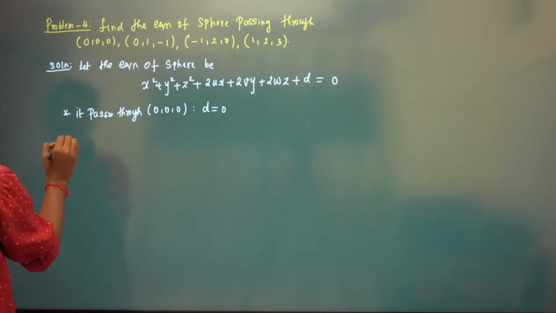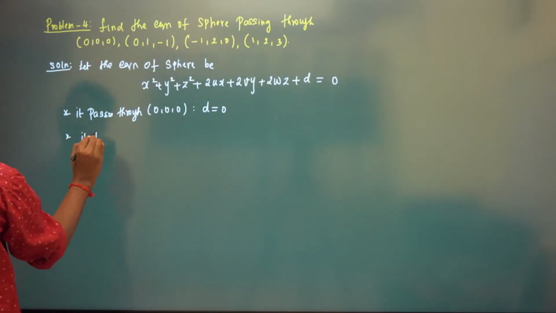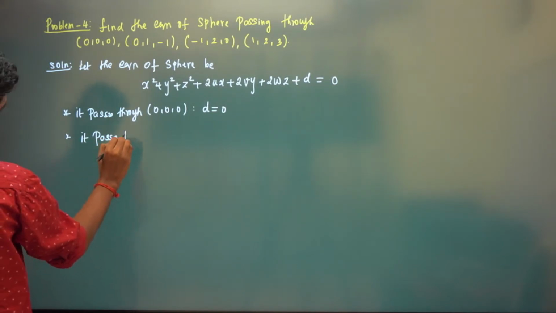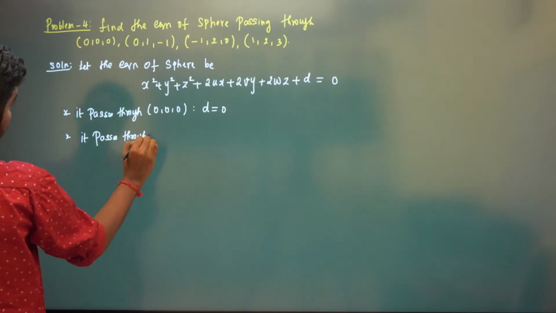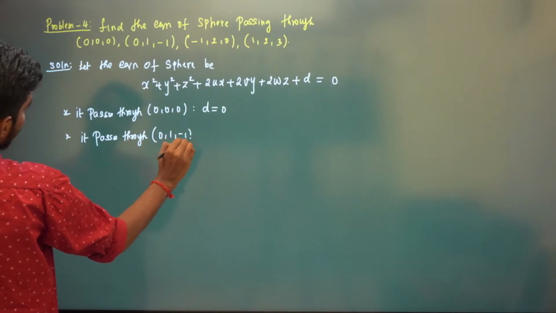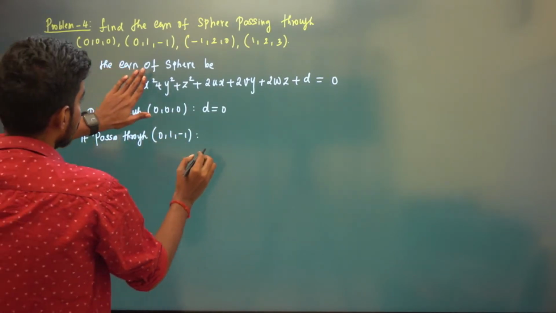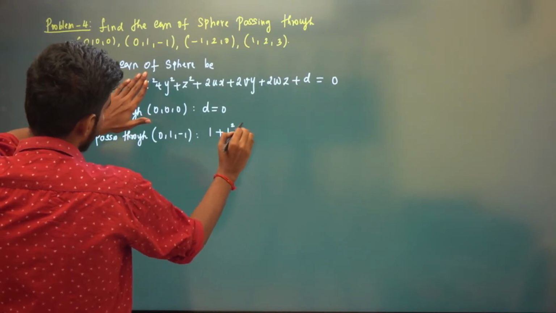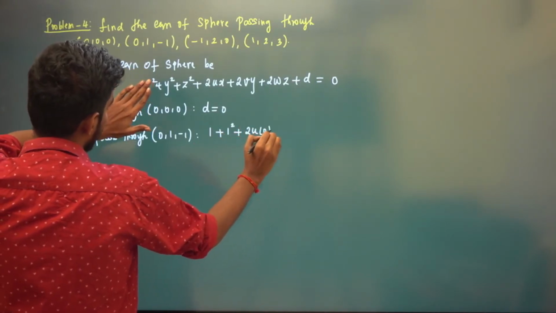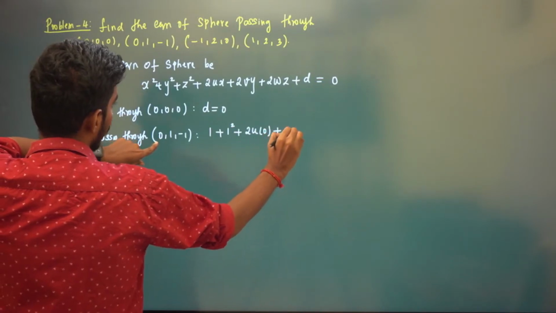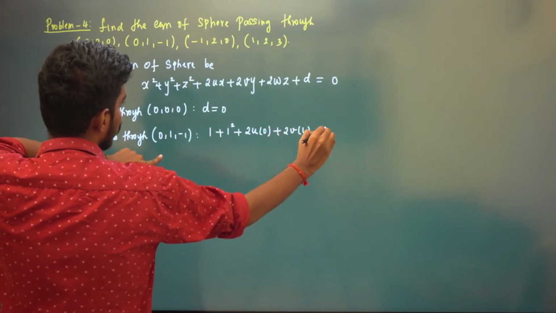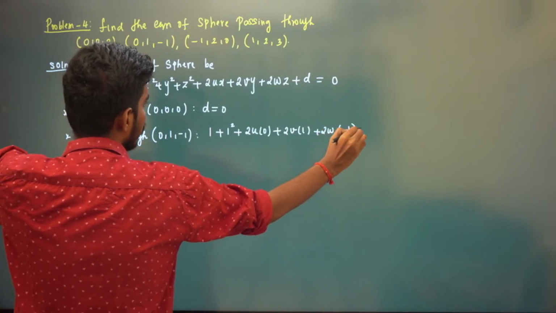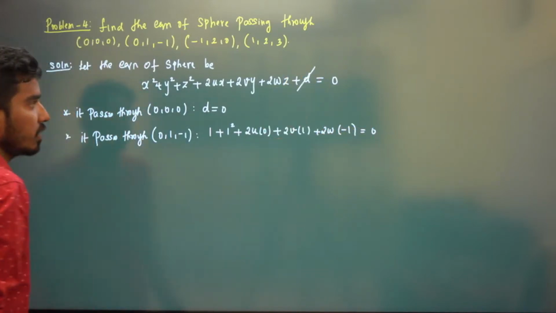Now we substitute these points. It passes through (0, 1, -1). So x will be 0, so we will have 1² + 1². u will be 0. 2vy, y is 1. 2wz, z is -1. You don't put plus d because d is 0, right?